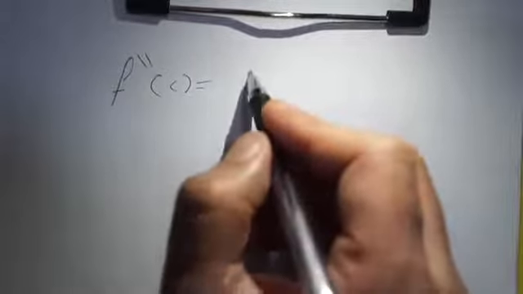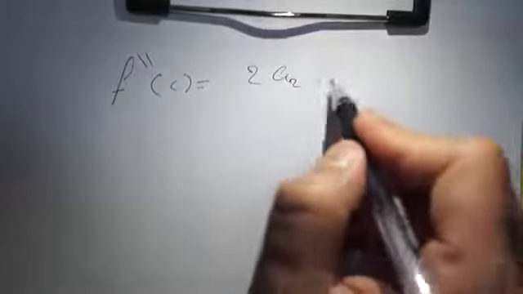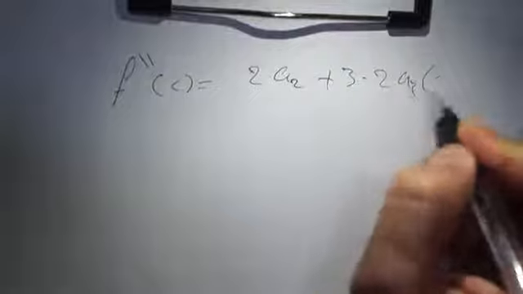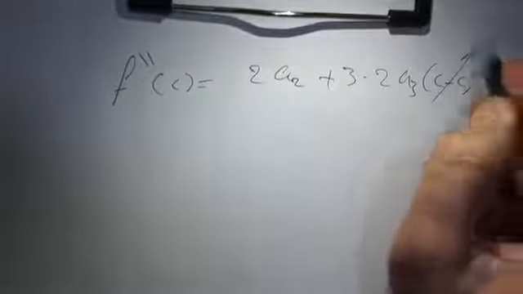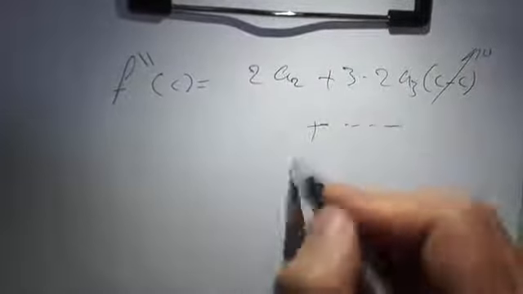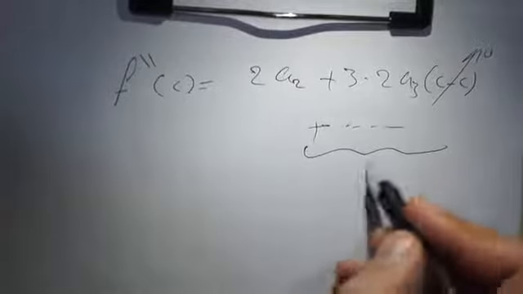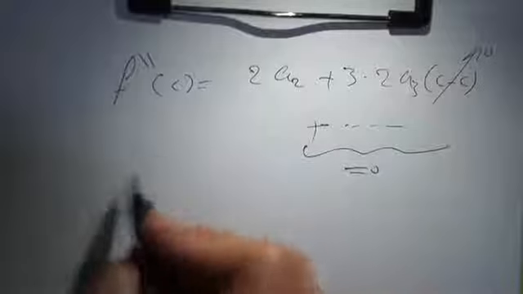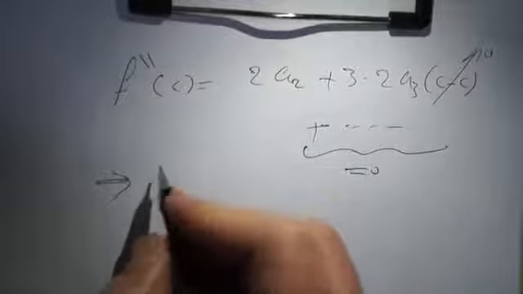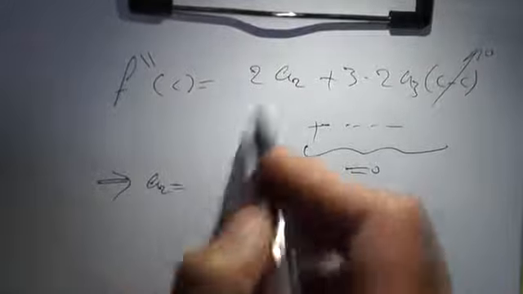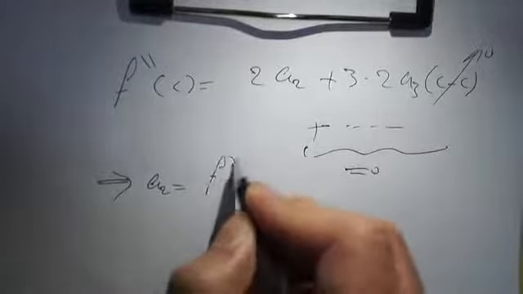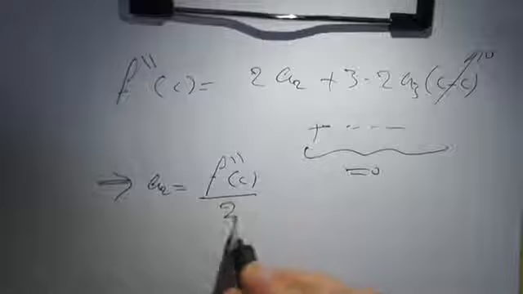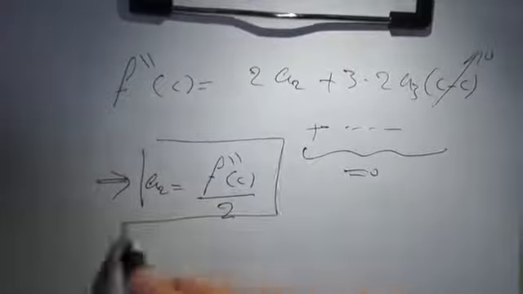You're gonna get 2a2 plus 3 times 2a3 c minus c, which is 0, plus the other terms. All these terms are going to be zeros when we set x equal to c. هذا يؤدي إلى أنه a2 equals المشتقة الثانية عند c مقسومة على 2.